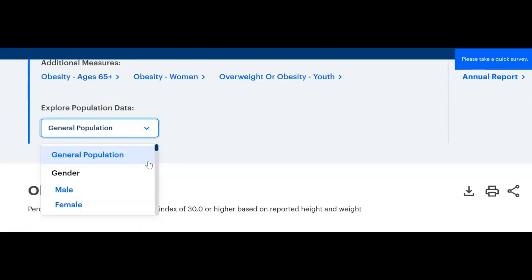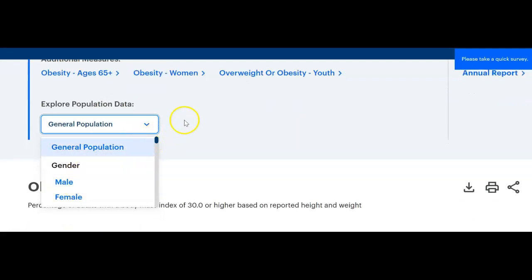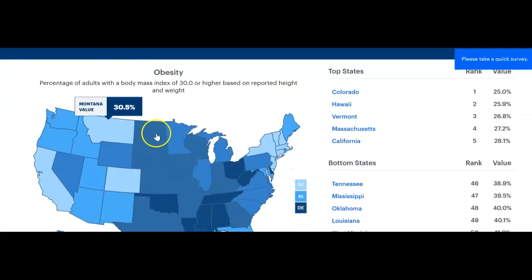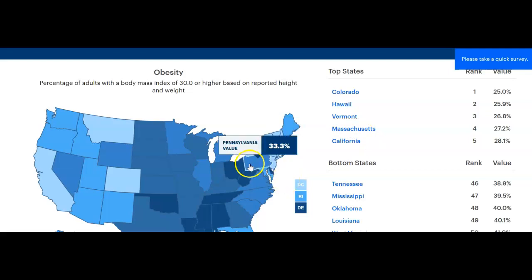Just click on if you want to see gender, the difference between men and women, obesity by state, and you're going to be looking at those states that have the higher percent of individuals that are obese and the lower.